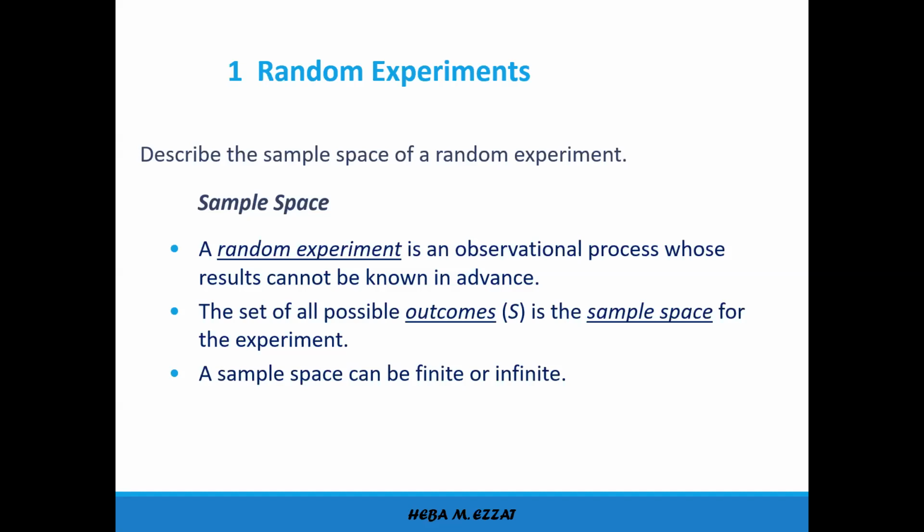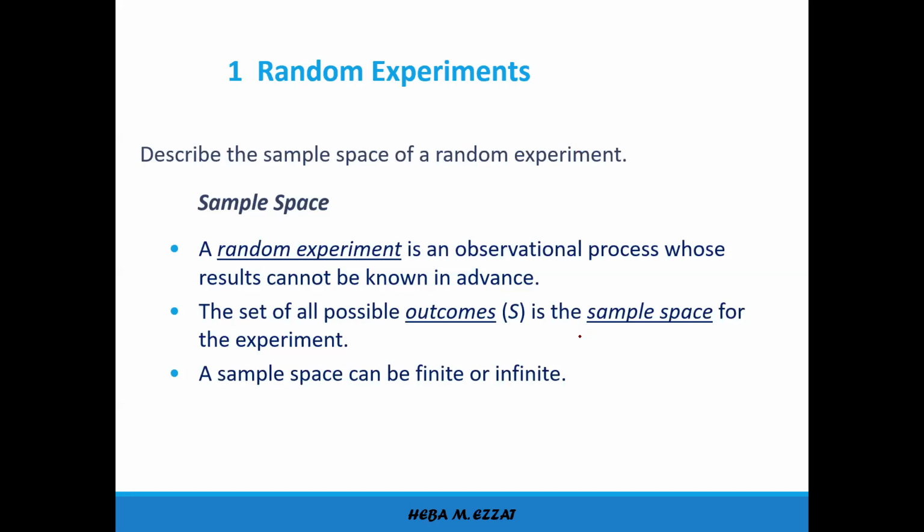This is called a random experiment because we don't know the result of our experiment in advance. The set of all possible outcomes is called the sample space.